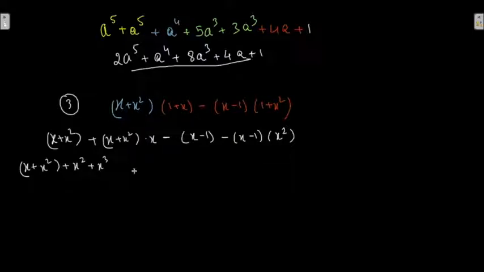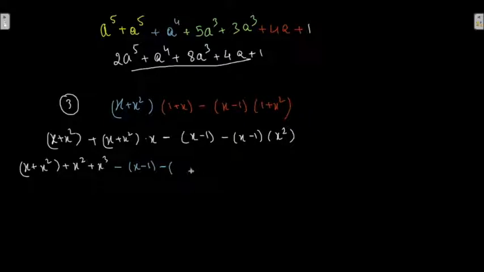Now let's solve the other part. Minus, let us not open the bracket right now. We'll do one more step. Minus. We are not opening the bracket because we just want to retain this negative sign. We'll open this bracket in the next step.